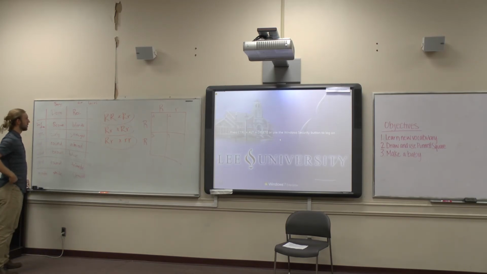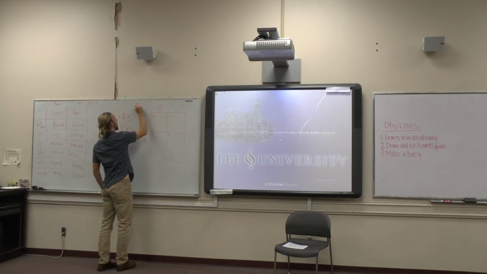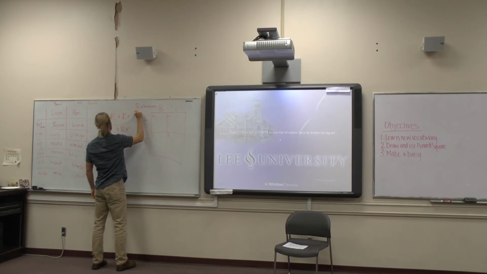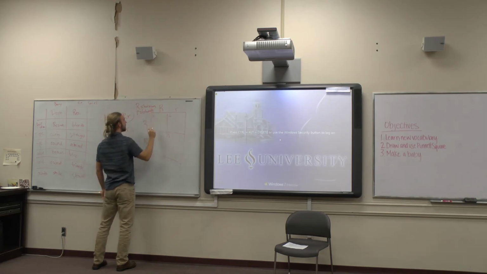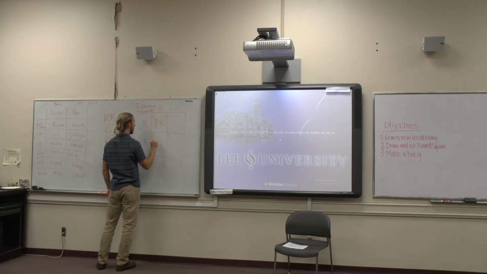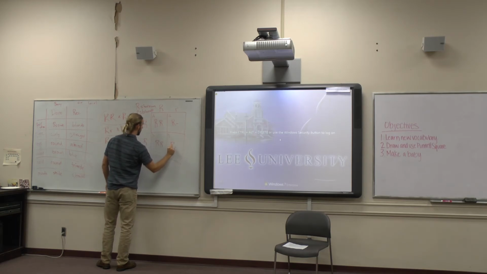Okay. So I will do the first one with you for myself. Since the capital R is brown for hair and the lowercase r is blonde, and this is mine, you have capital R, lowercase r.